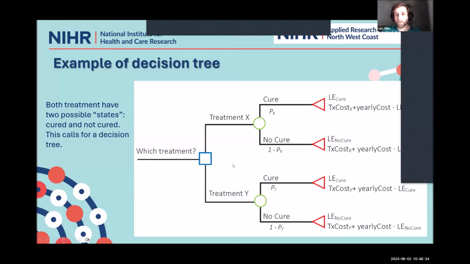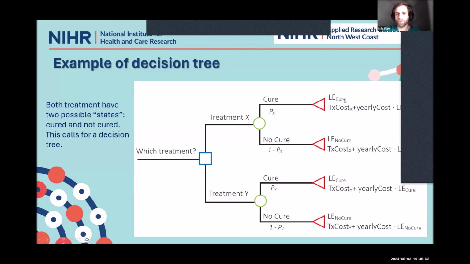And then for each of these pathways, so let's say treatment X cured, you'll have some outcomes. So you will have the expected life years, for example. So if the person is cured, the person is expected to live a certain amount of years more. And of course, you have the cost, which is not yet the scope of this session.